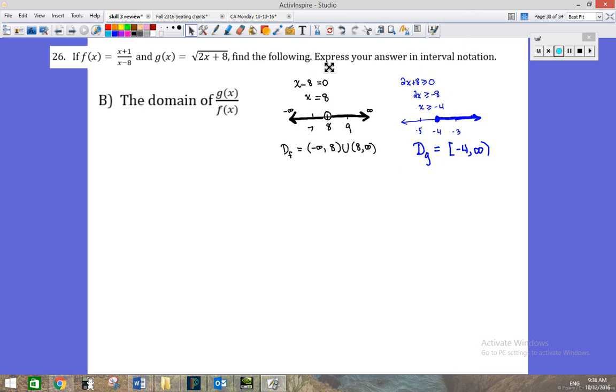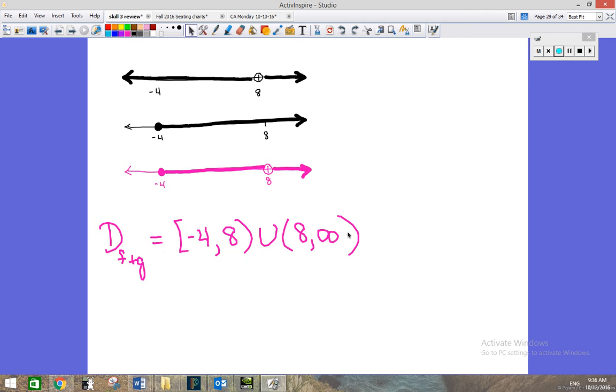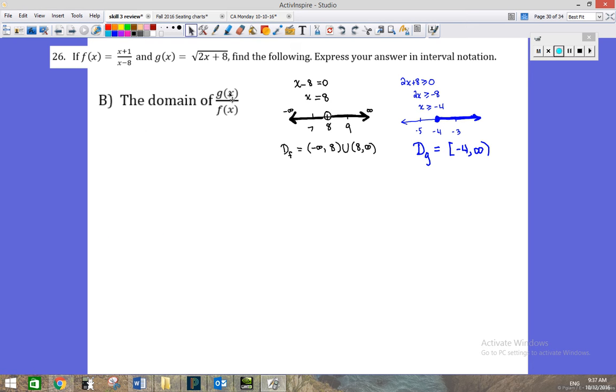So I made the comment that our previous answer would be the answer if it was f minus g, f times g, or g minus f. The order doesn't matter. But with division, it might be this answer, but we might have an additional restriction because now f is in the denominator and we can't allow f to be 0.